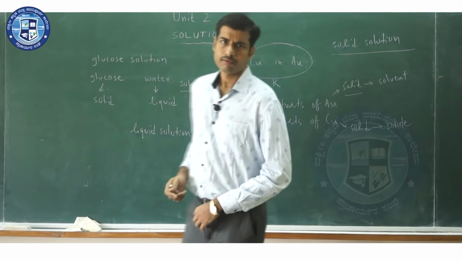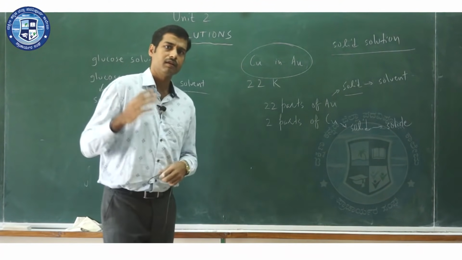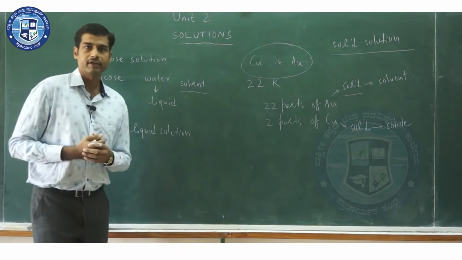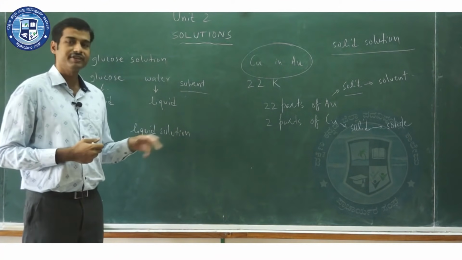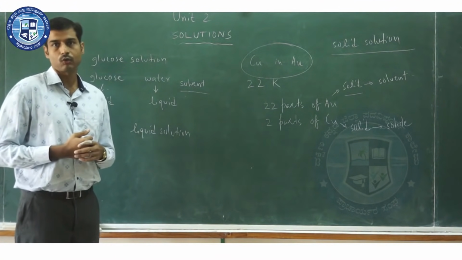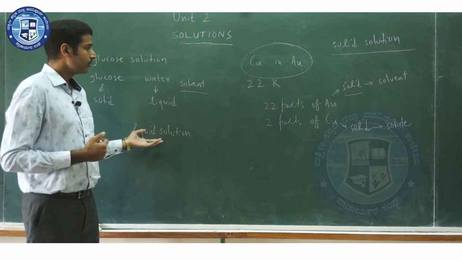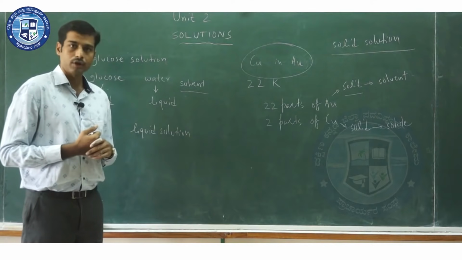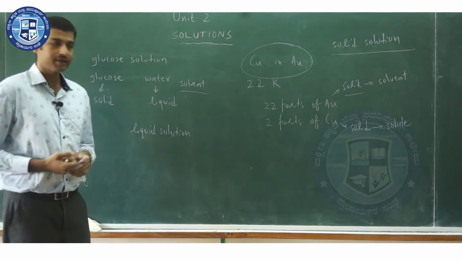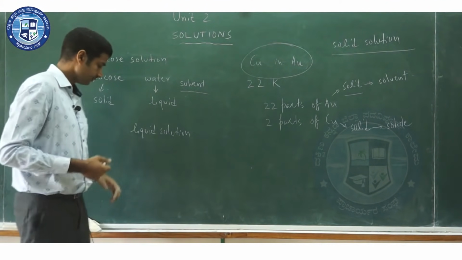So in this way, we will be able to have 9 different categories based on the physical states of the solute and the solvent, and basically 3 types of solutions: liquid solution, solid solution, and gaseous solutions.